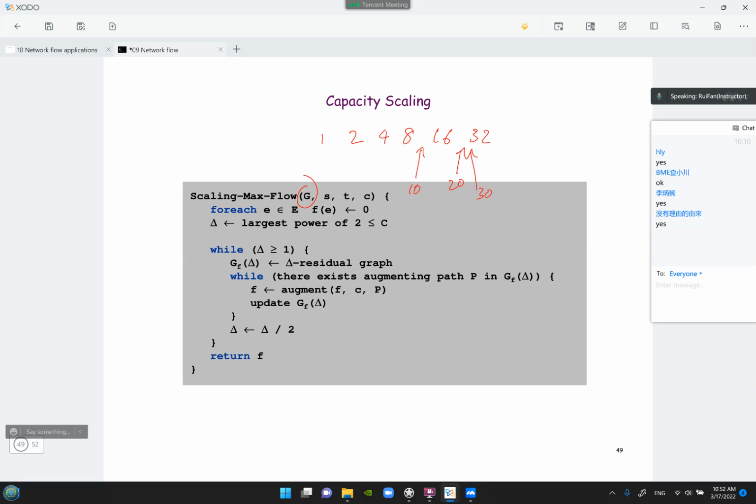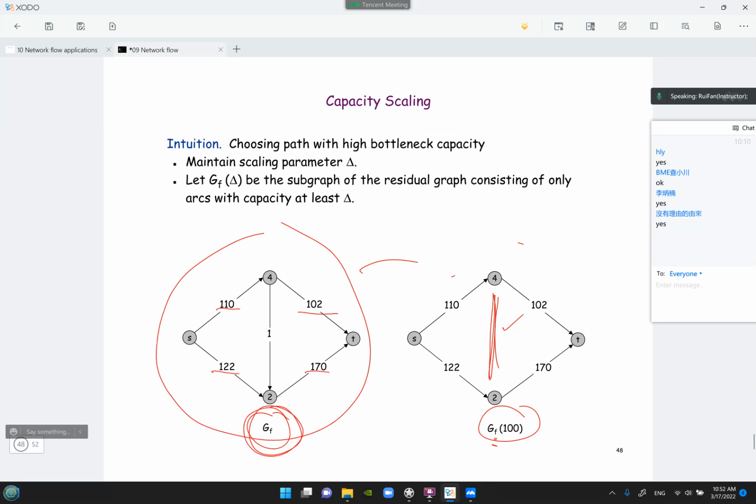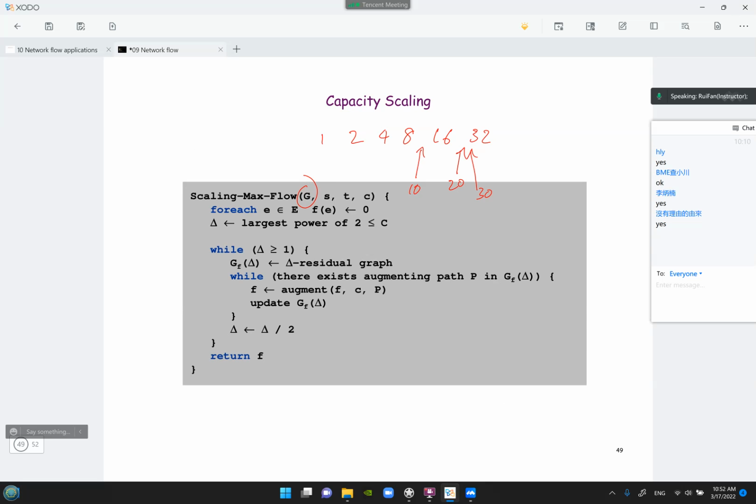Now initially we only want to have the big edges. In this G_F^100, you only keep the big edges initially. So we're going to look at all of these edges in the graph, and suppose you have one over here which is like 5.